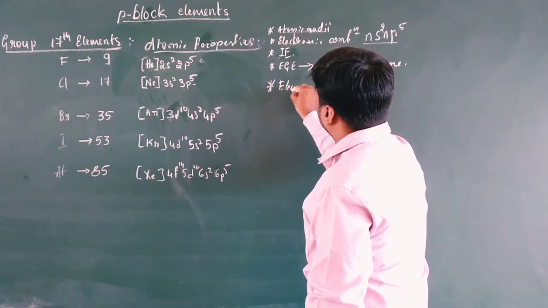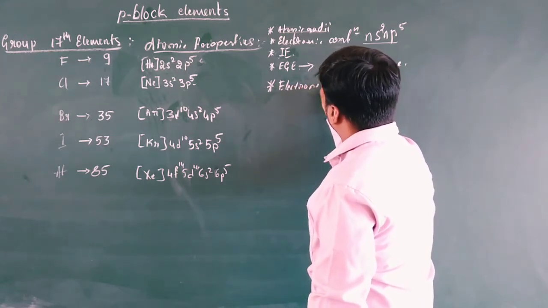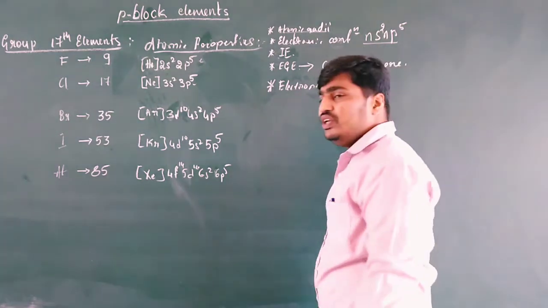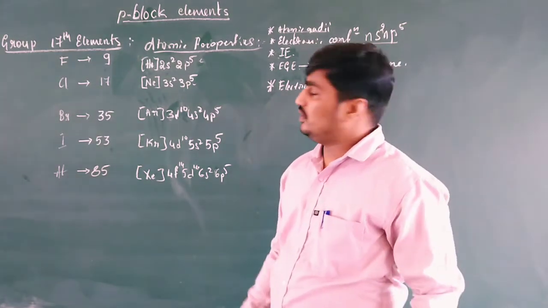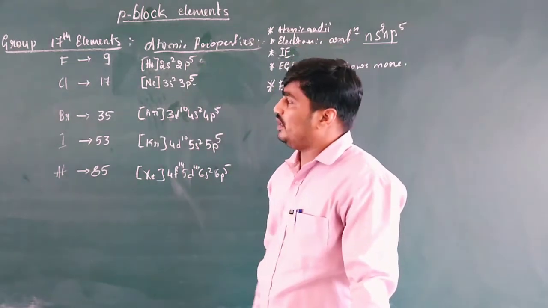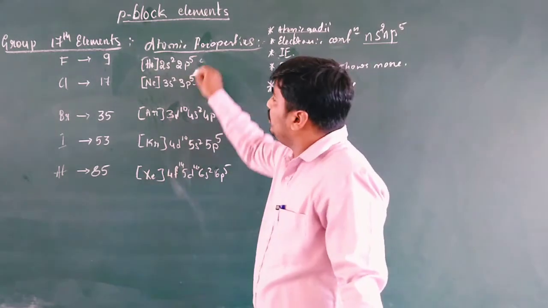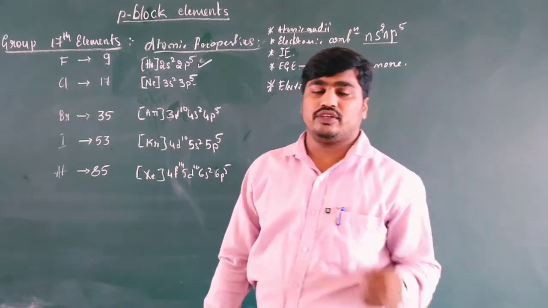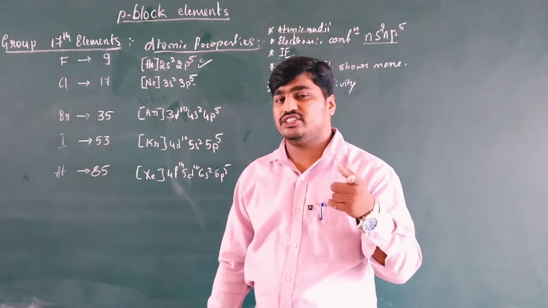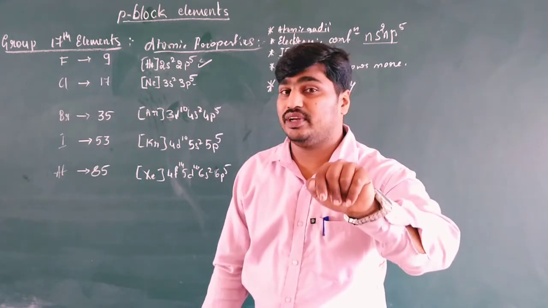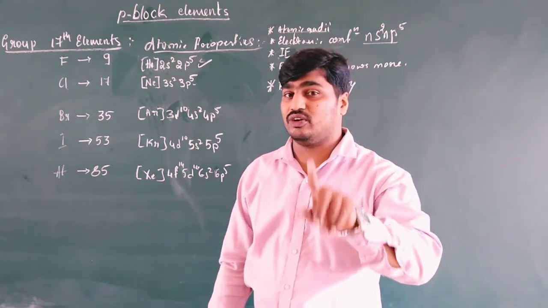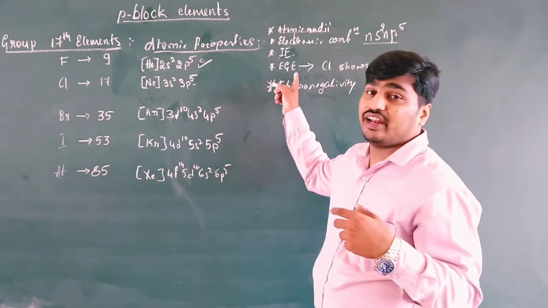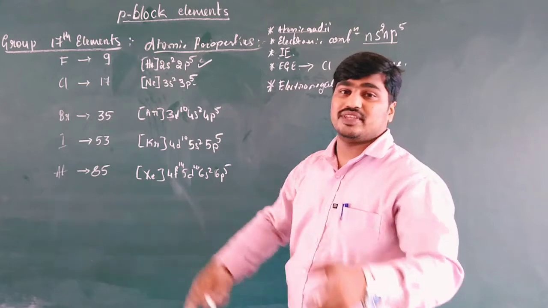electronegativity. Electronegativity of the group 17 elements: fluorine shows the highest electronegativity. Because of its small size, it has the tendency to attract the shared pair of electrons, not a single electron. In electron gain enthalpy, we talk about the addition of a single electron.